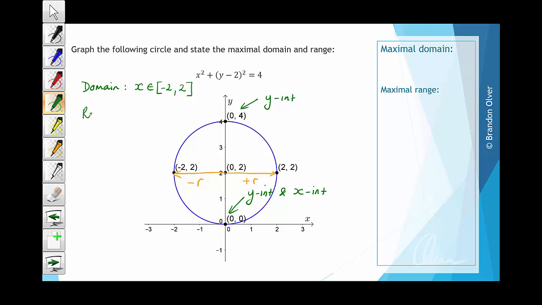Our range is all of the y values that come out of the function, or in this case, because it's a circle, all the y values allowed into the function. So here we have y is an element of, and it starts at 0 and goes up until 4, both of those included. Over on the right, we've just got our maximal domain and range restated there.